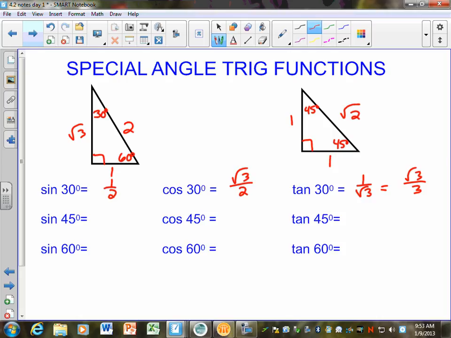The nice thing about 45 degrees is the sides are both 1 and 1, so you're going to see that works out really nice here, except it's a square root, right? What would the sine of 45 degrees be? One over the square root of 2, which I'm going to simplify as the square root of 2 over 2.